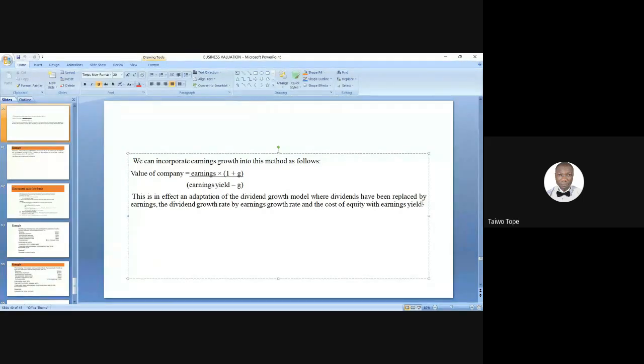It can be put in this way as market value equals D0 into the bracket of 1 plus growth rate, divided by r minus growth rate.